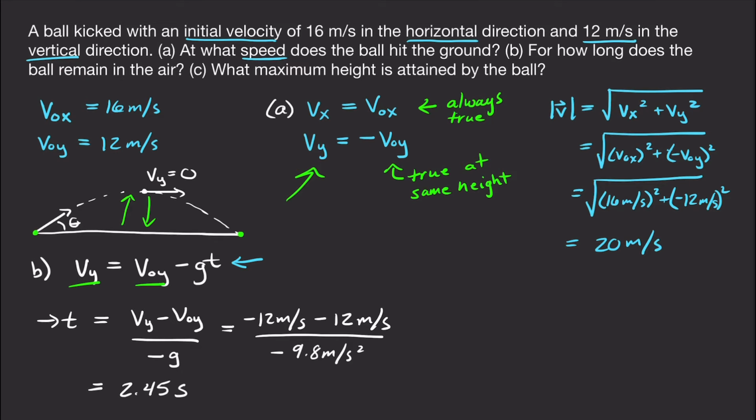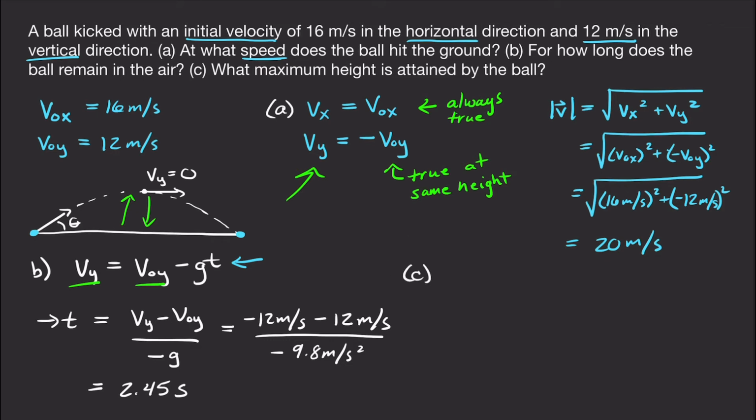Because I put the velocity at the beginning and the velocity at the very end, this time corresponds to my total time in the air. Had I put the velocity initially and the velocity at the top of my trajectory, then this time would correspond to the time it takes to get to the maximum height. So the time in this equation will always correspond to which 2 points you put in for the velocity. So that's something you want to keep in mind.